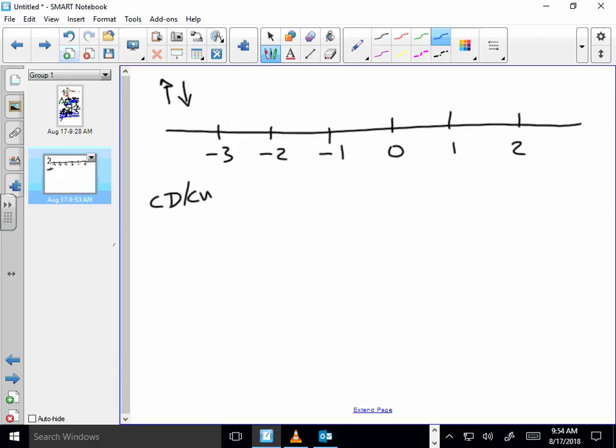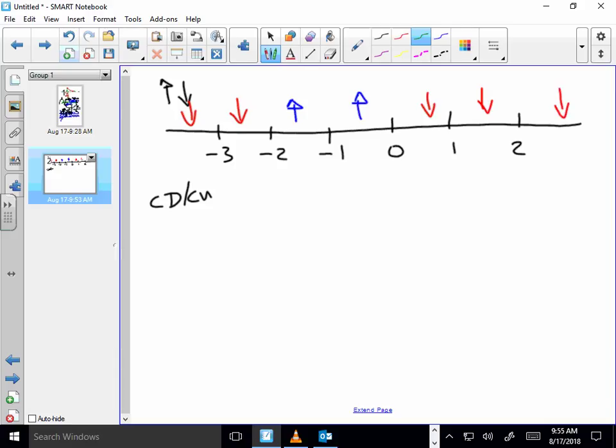Okay, so what do we know about increasing? Increasing from -2 to 0. Decreasing from -infinity to -2, decreasing from 0 to 2, and decreasing from 2 to infinity.